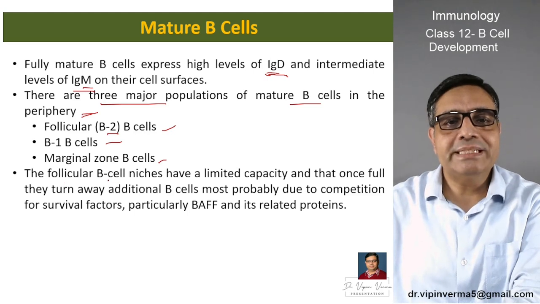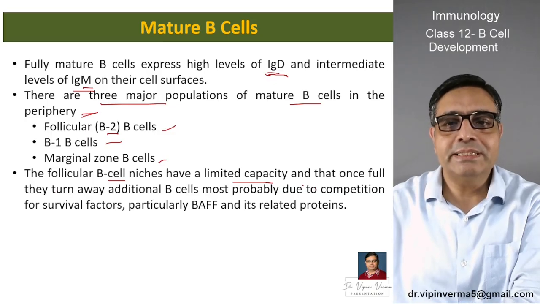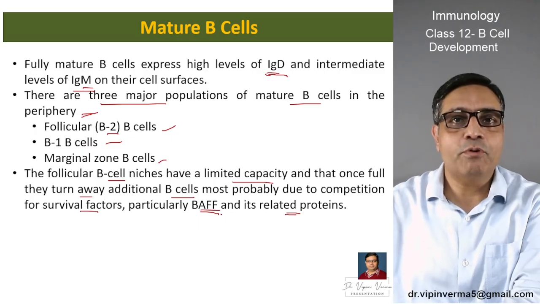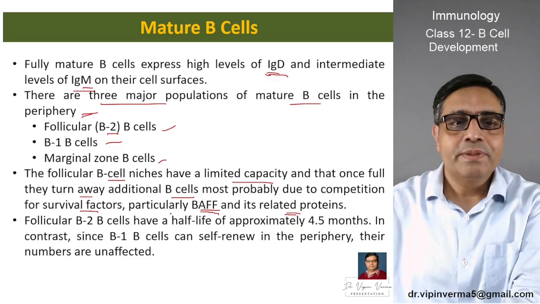The follicular B cell niches have a limited capacity, and once this capacity in the follicle is full, they turn away additional B cells, most probably due to competition for survival factors, particularly BAFF and its related proteins. So you saw in the last slide that BAFF is very important for survival.